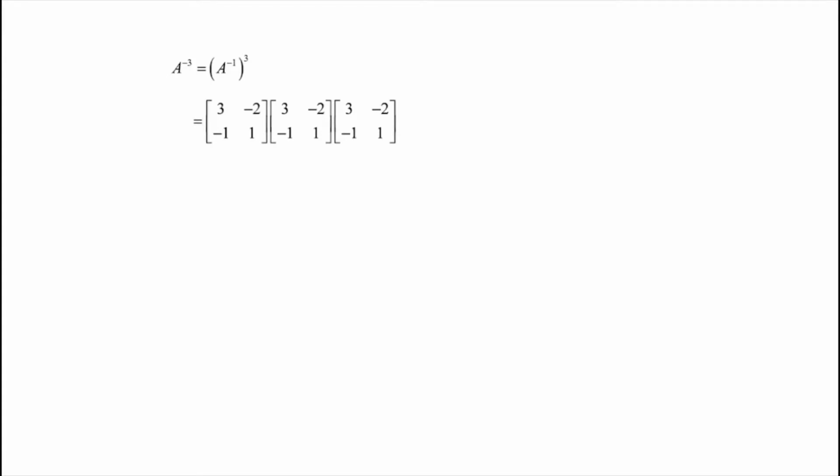Let's take the product of this matrix 3 times, and we know how we have to multiply these matrices. We conclude this product is converted into a single matrix which has the entries 41, minus 30, minus 15 and 11.